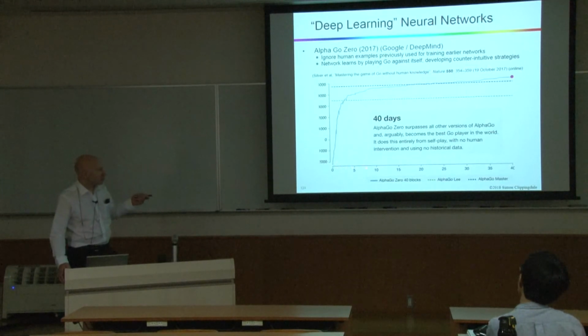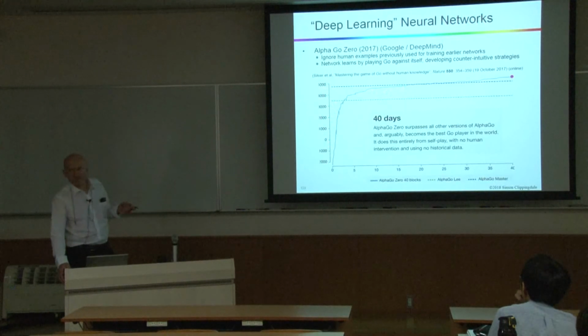So this is the training time, and the vertical axis here is the number of victories or something.